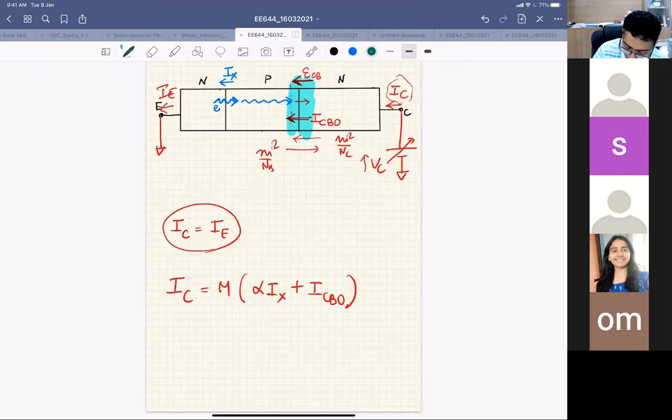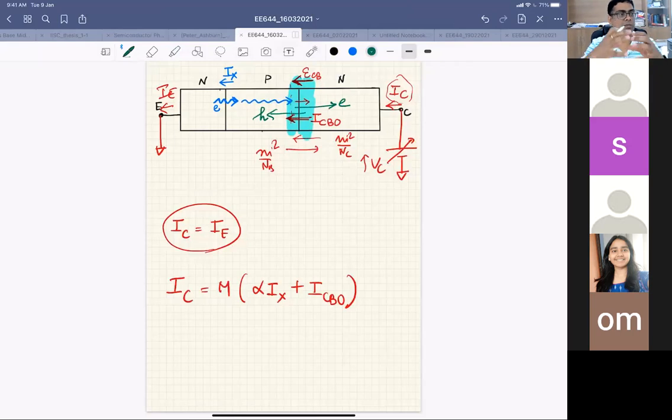And because I have a field from N to P, the electrons will always go to this side, right? And holes will go to the base, right? And these holes have nowhere to go, so they just accumulate in the base, right?